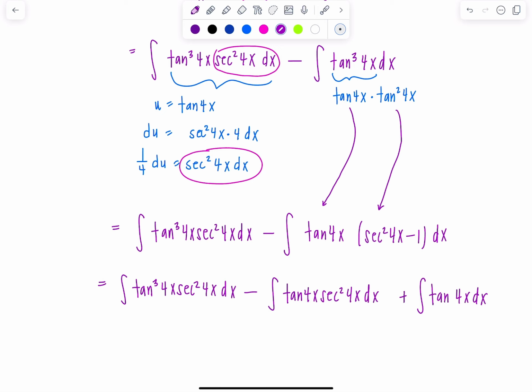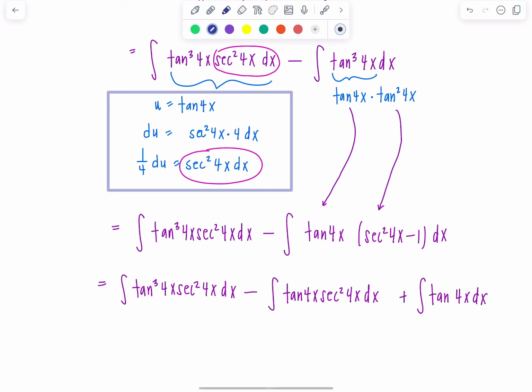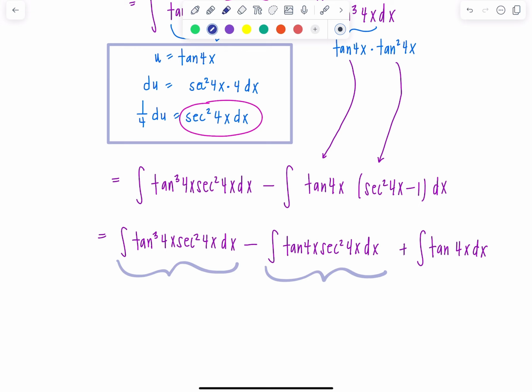And I wanted it written this way because this u sub, I'm going to use for both integrals here and here. So let me highlight that. This u sub will apply to integral 1 and integral 2, okay? Not for integral 3.